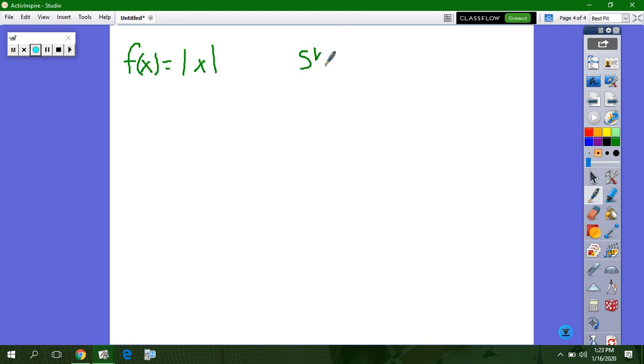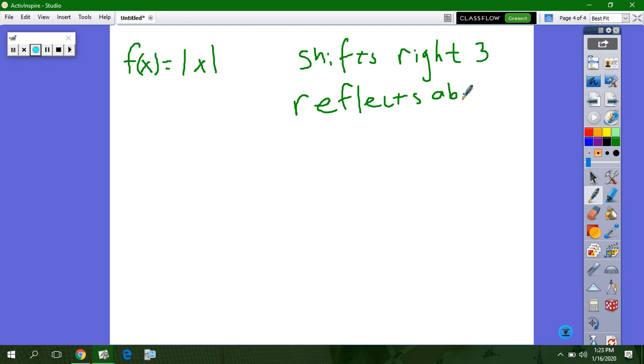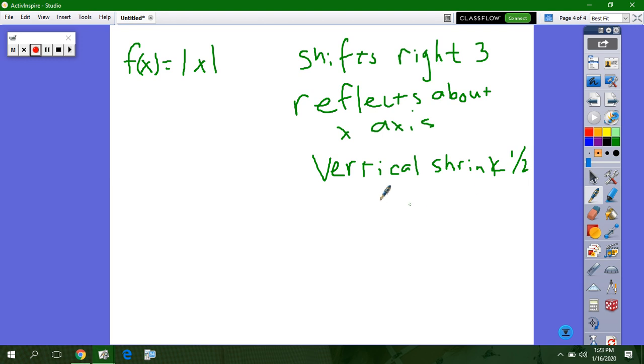It shifts right 3, reflects about the x-axis, vertical shrink of a half, and then up 6.